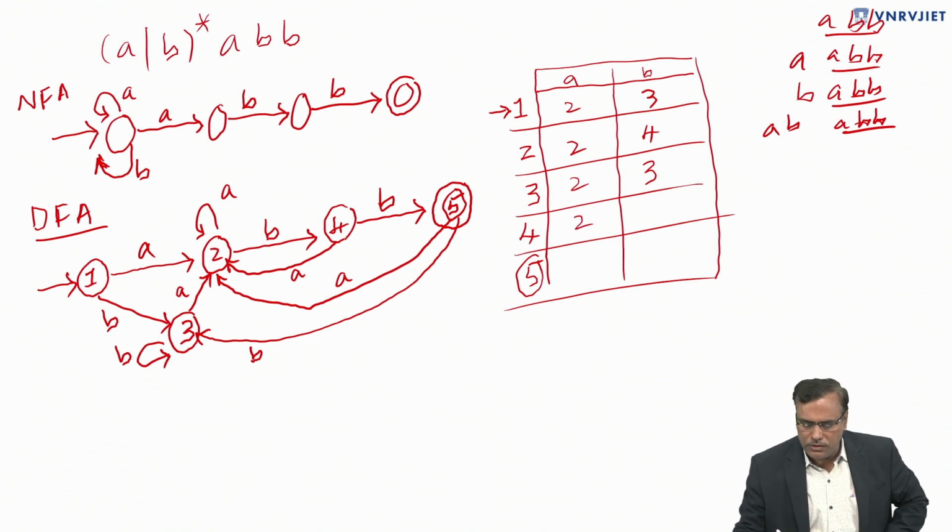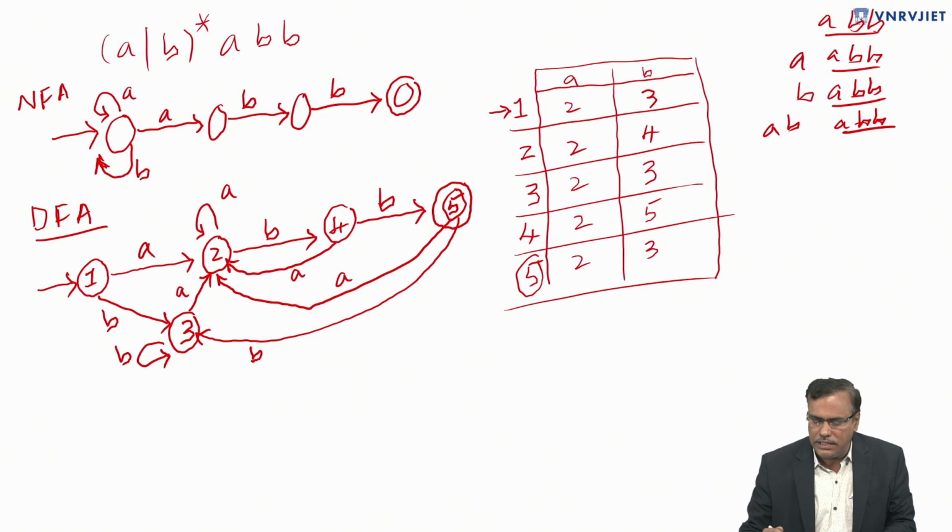From state 4 on input B, you are going to state 5. From state 5 on input A, you are going to state 2. From state 5 on input B, you are going to state 3. And you know there is one and only one final state, that is 5 here. This is the transition table of this DFA.